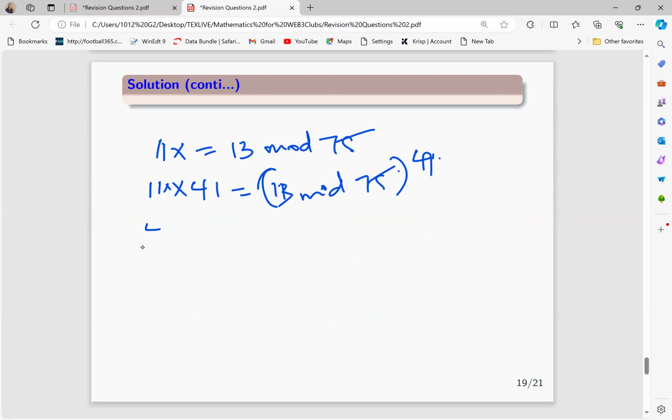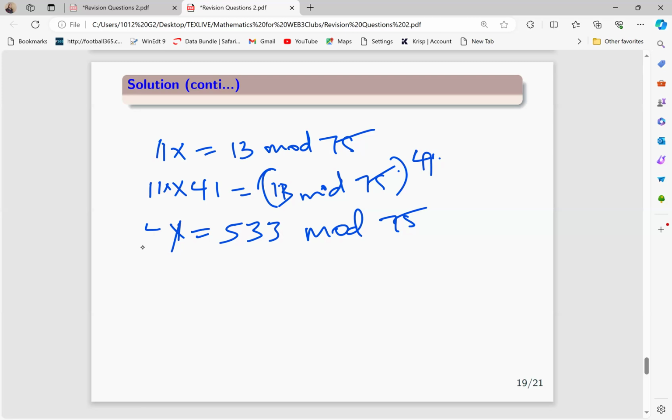So we are not multiplying 11 and the 41. And then 13 times 41. 53. 8 nini?